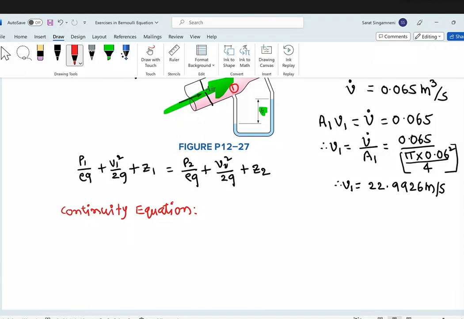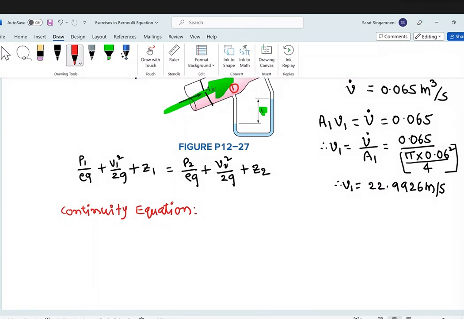Otherwise, if there is a variation in the mass flow rate from one place to the other, what would happen? There will be accumulation of liquid, and that leads to swirling and confusion. And we are assuming steady state conditions, meaning whatever is coming in is going out. Nothing is getting accumulated or stagnant anywhere. If that is the case, the total mass flow rate must be the same.